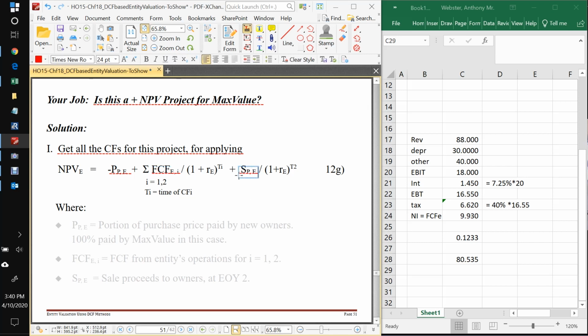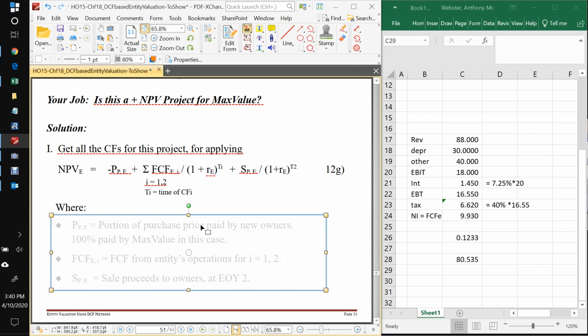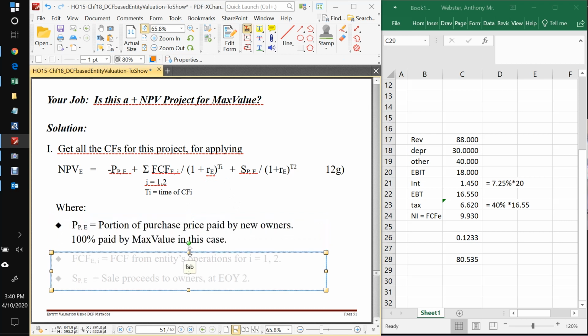So the cash flows that we need are purchase price, sell price, and the free cash flow. This is going to be for 2 years, right? They're going to own the firm for 2 years and sell it. So there's going to be a cash flow end of year 1, cash flow end of year 2, and each one we're going to have to discount back to t equals 0 using our equity cost of capital. Okay, and let's see if we've missed anything here.